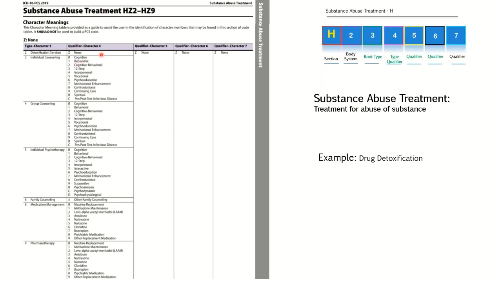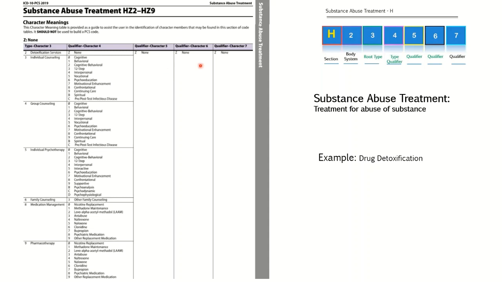I'm not going to read all of these, but let me just read individual counseling. Some of the fourth character qualifiers will be cognitive therapy or counseling, behavioral counseling, cognitive behavioral, 12-step, interpersonal, vocational, psychoeducation, motivational enhancement, confrontational, continuing care, spiritual, pre and post test infectious disease.